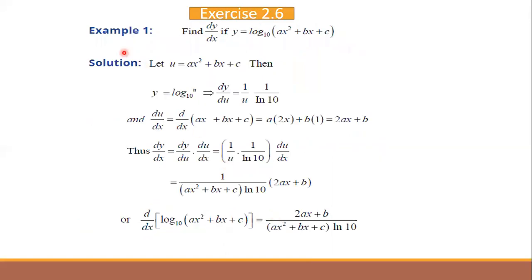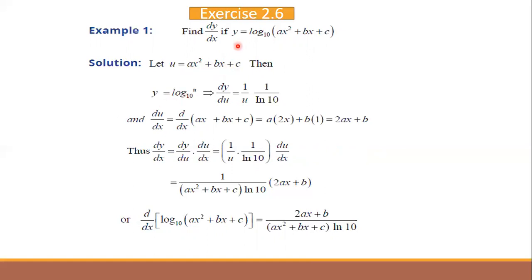Example number 1: find dy by dx if y is equal to log of ax square plus bx plus c to base 10. Let u be equal to ax square plus bx plus c.